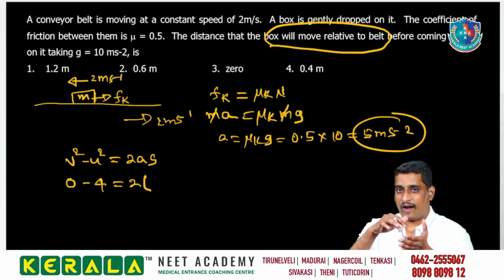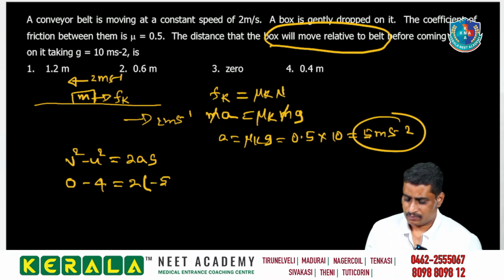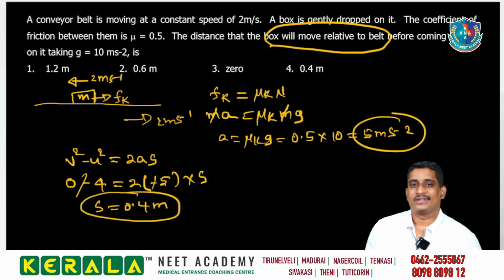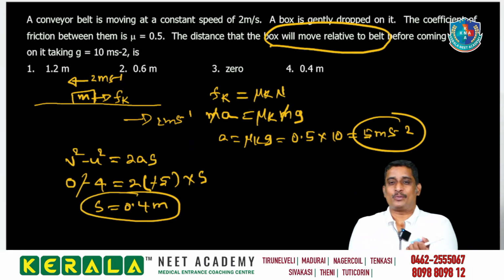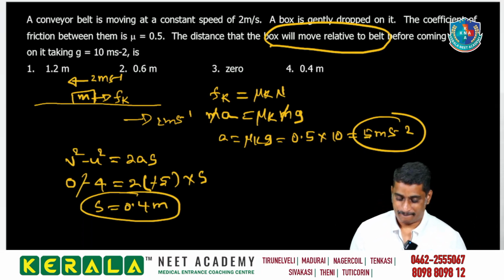As it is accelerating opposite to the direction of motion, this acceleration will become minus 5, into s. So s will be equal to 0.4 meters. So relative to the belt, after traveling through a distance of 0.4 meters, that block will come to rest.